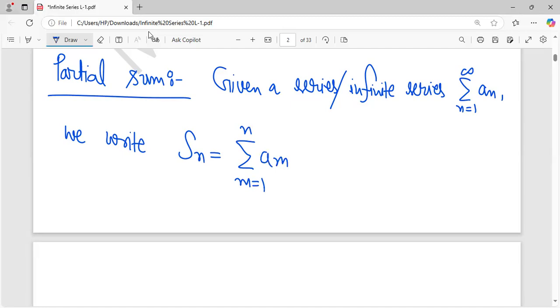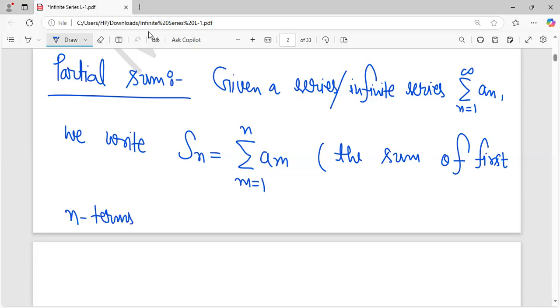It means the sum of first n terms of the sequence an. Okay.